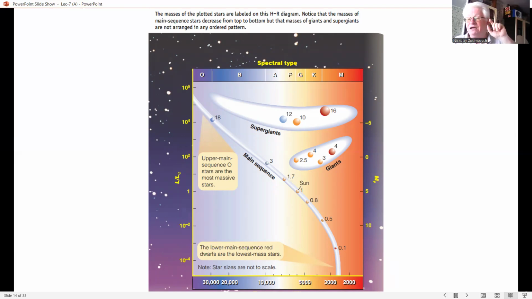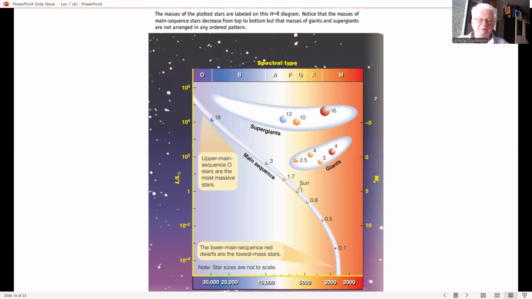but low average density, ranging from 0.1 to 0.01 gram per cubic centimeter. The enormous supergiants have still lower densities ranging from 0.001 to 0.0001 gram per cubic centimeter.